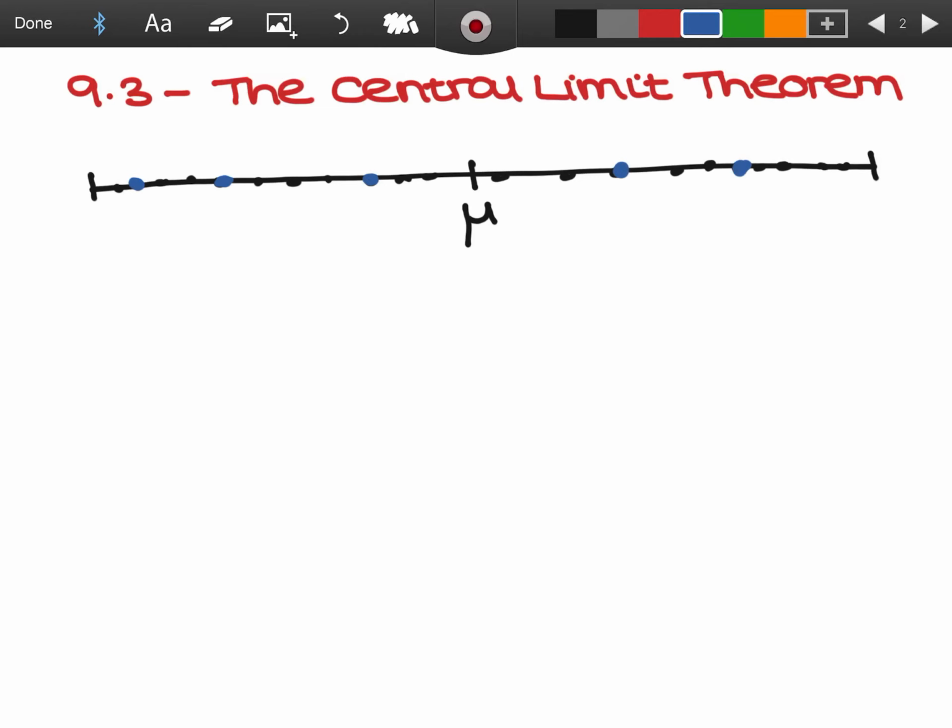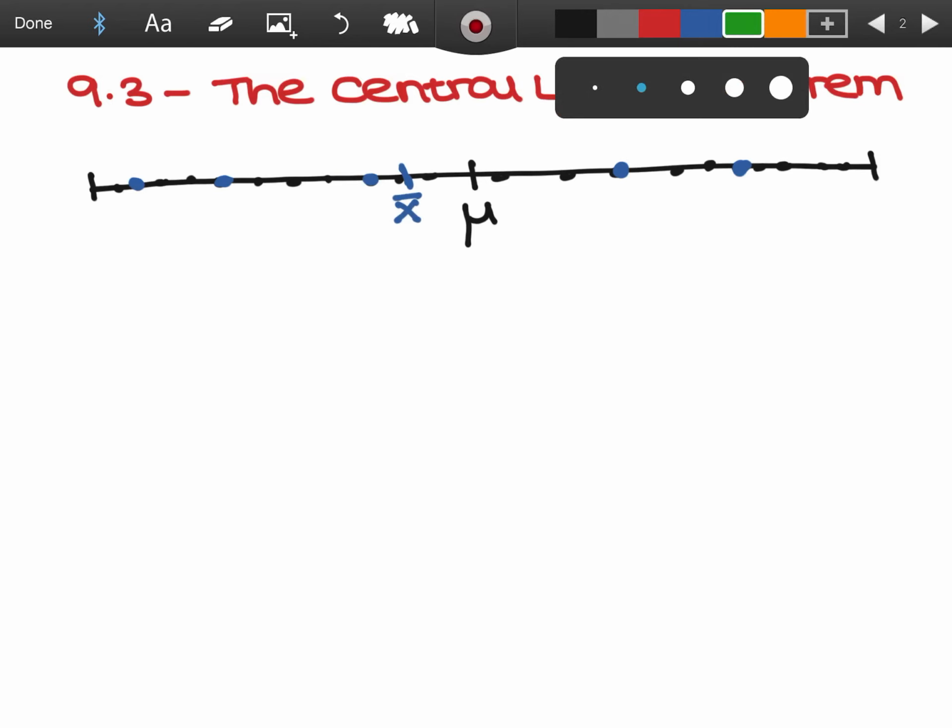So I've taken 5 data points here, and that is a sample of my whole population. Now I'm going to take the mean of that sample. So the mean of that sample, let's say it lands somewhere around, I don't know, here. And we'll call that X bar. So that X bar is our mean of that sample of 5 data points, let's say.